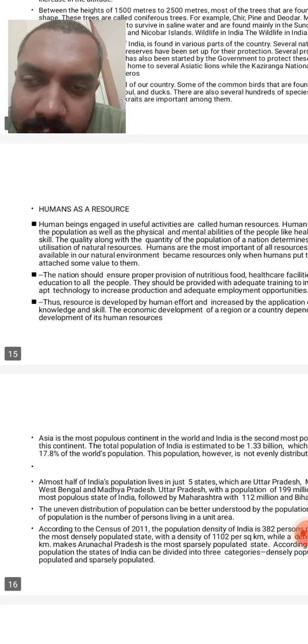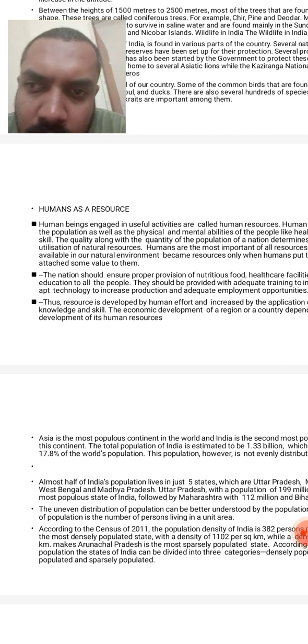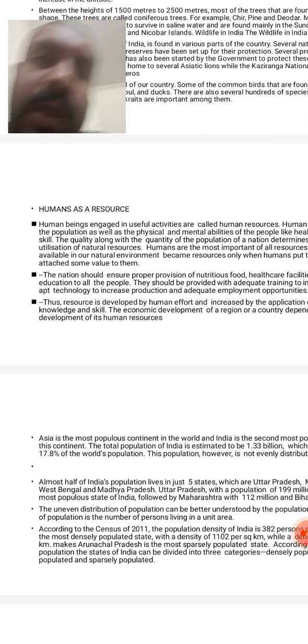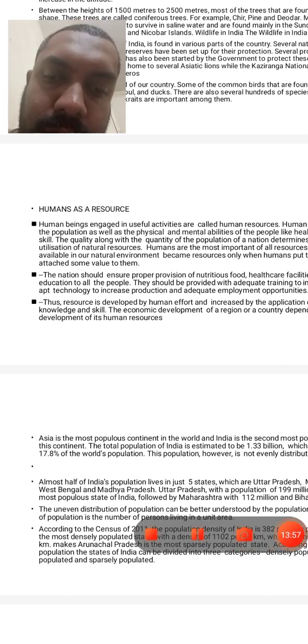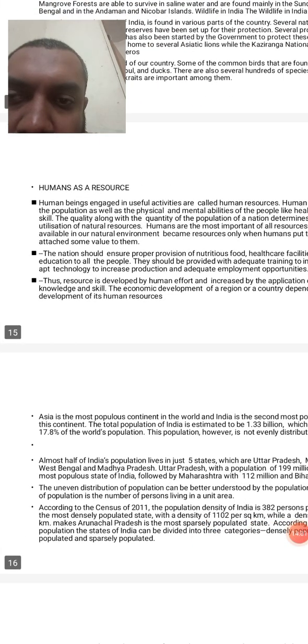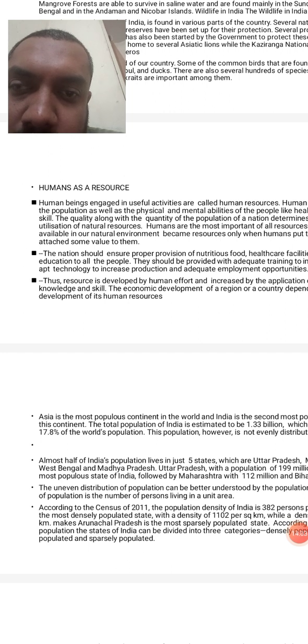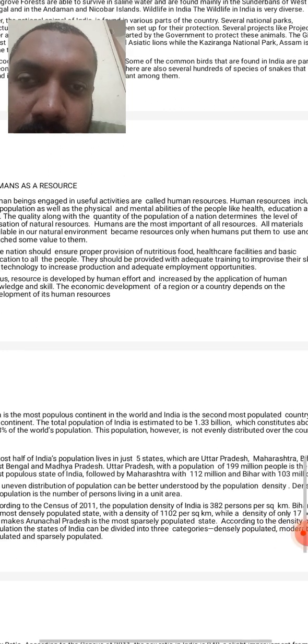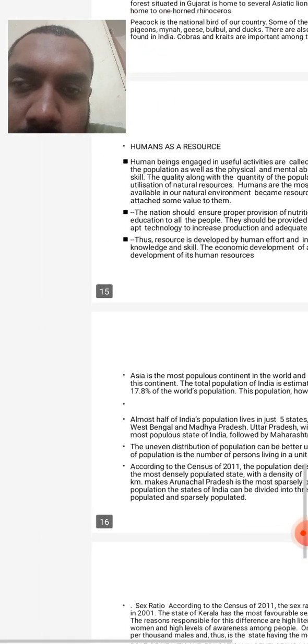Humans can be used as a resource. The human beings engaged in useful activities are called human resources. The human resources include the population as well as the physical and mental abilities of the people, like health, education, and skill.